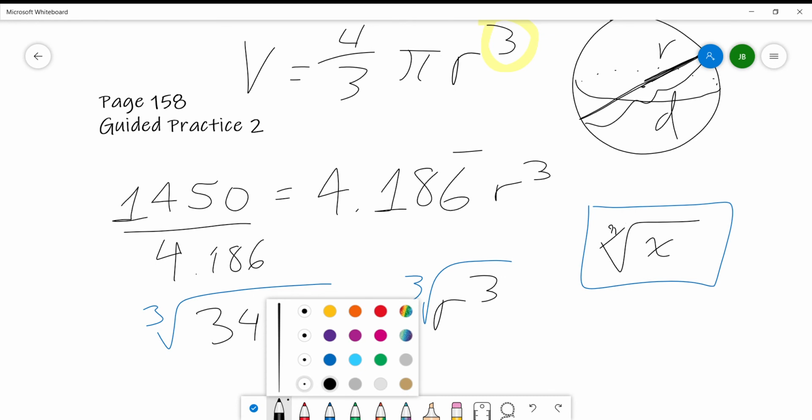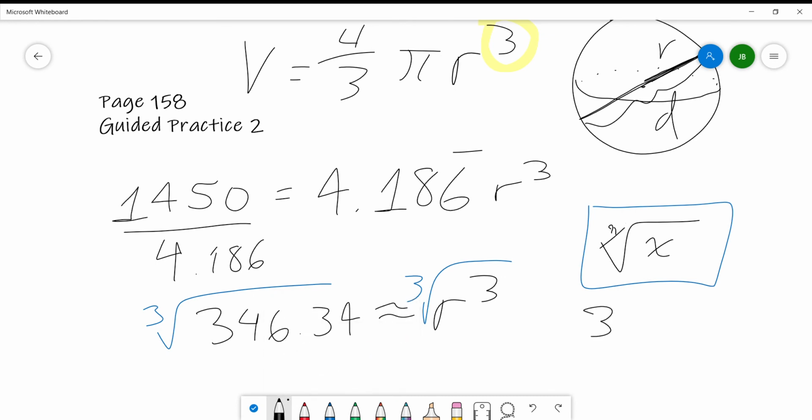So you could do 346.34 to the root, not square root, the xy root, and then just push 3 and then equals. If you do that, you'll be cruising down easy street if you have that key on your calculator. Otherwise, you have to raise it to the power of 1/3, like the rest of us.